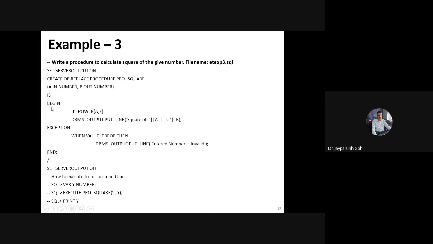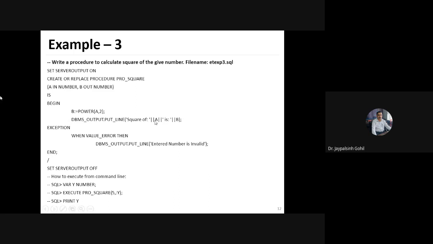Begin, and then see, the logic is the same that we have written in the PL block. I'm calculating the square of the inputted number A, to the power of 2, and then I'm just printing it. If you don't print, you can also print that value from the command line. I will show you. It is not necessary to print here.